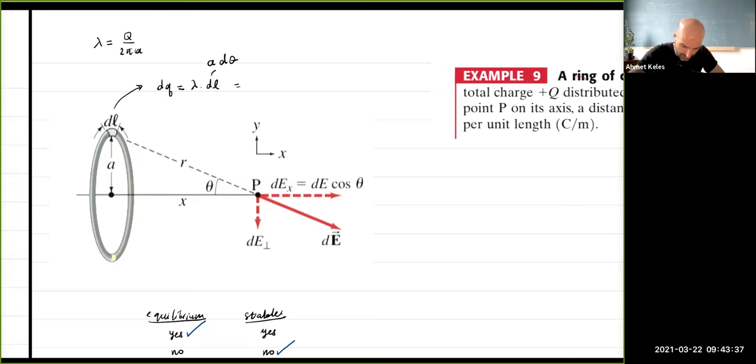So this whole thing is q divided by 2 pi a times d theta, and you can cancel these, and you have dq. Exactly, right?